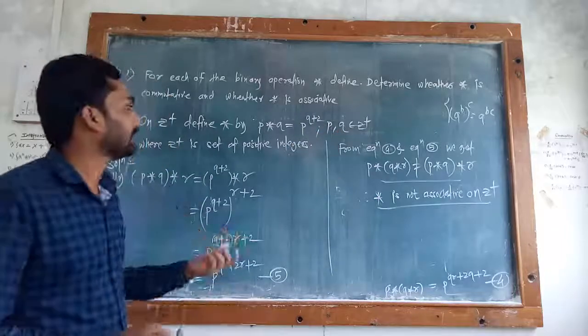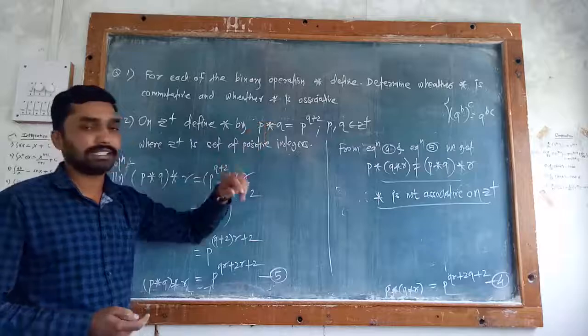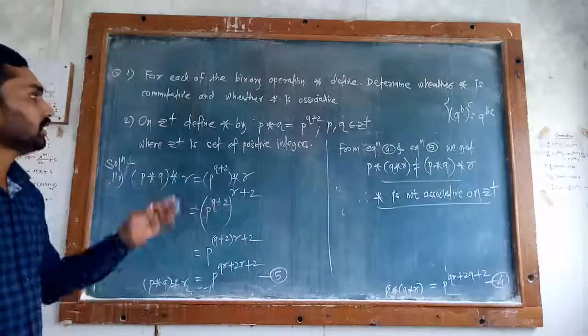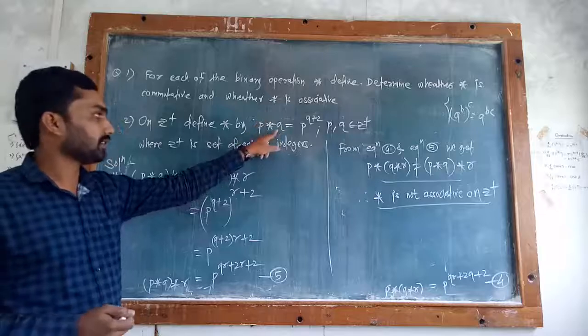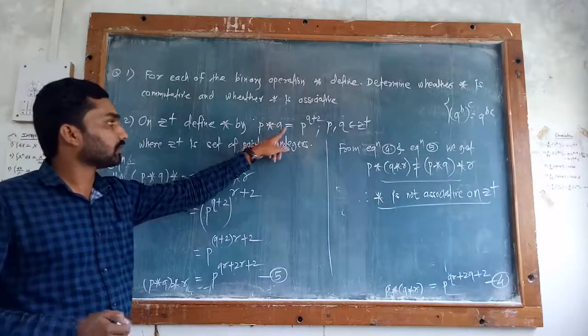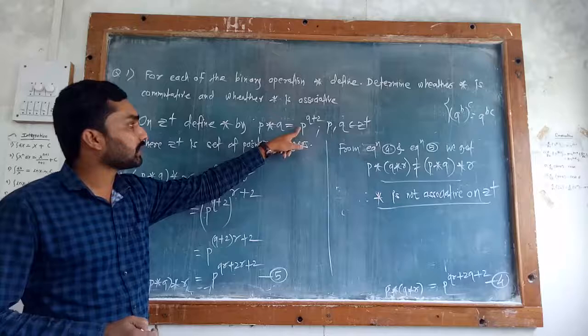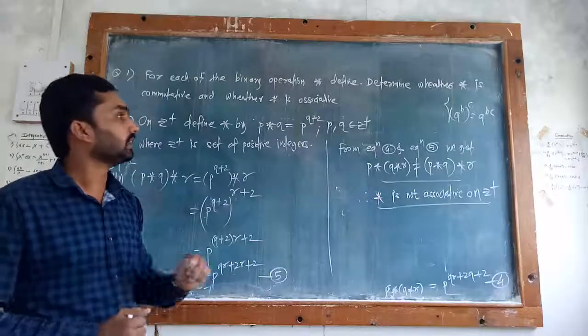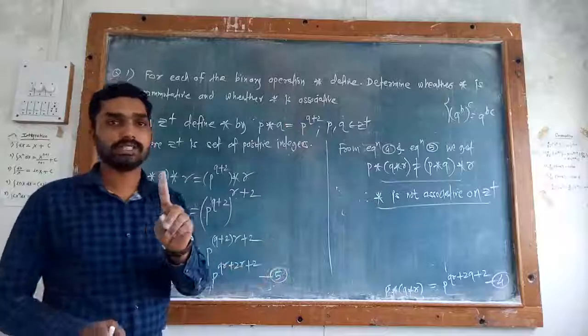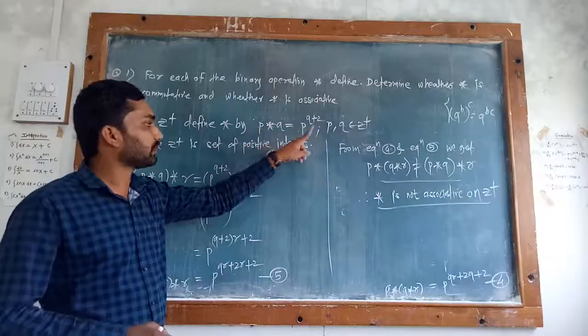We can check whether p star q satisfies commutative and associative. For commutative, take the value of p as 1 and q as 2. So 1 star 2 equals 1 raised to 2 plus 2. What is 2 plus 2? It is 4, and 1 raised to 4 becomes 1. So the value of 1 star 2 is 1.